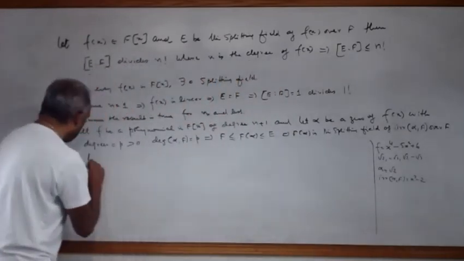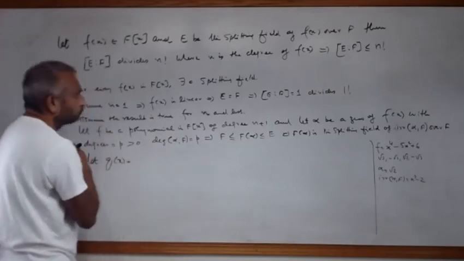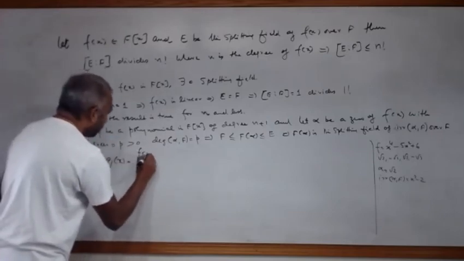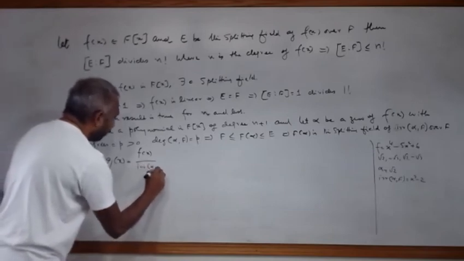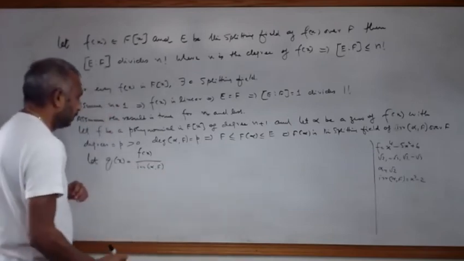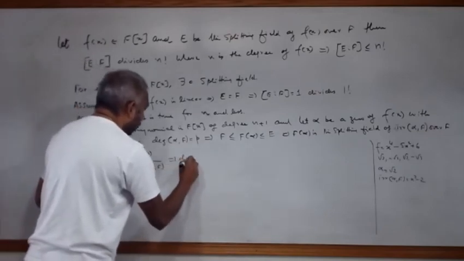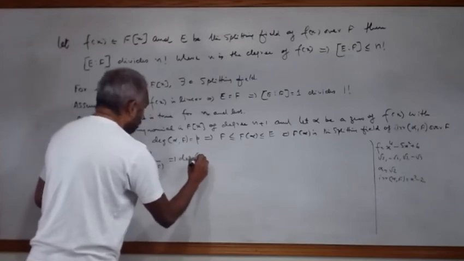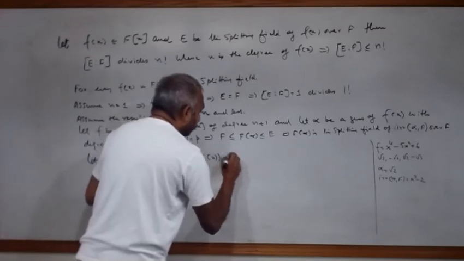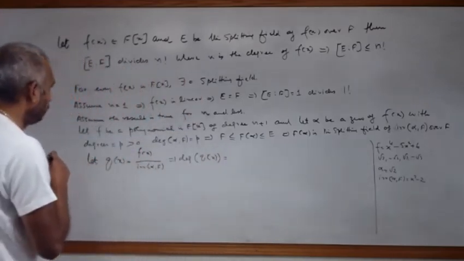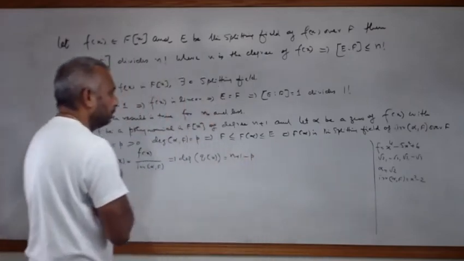Now let q of x be equal to f of x divided by the irreducible polynomial of alpha over F. So this means the degree of q of x is equal to n plus 1 minus p.